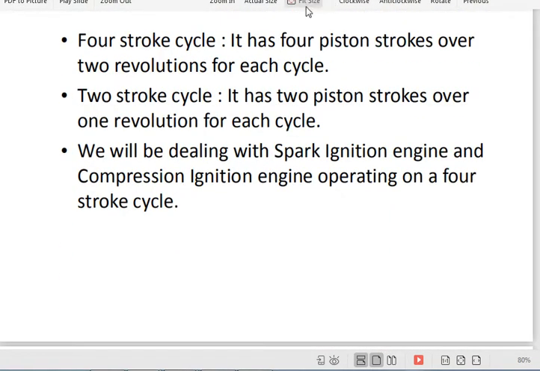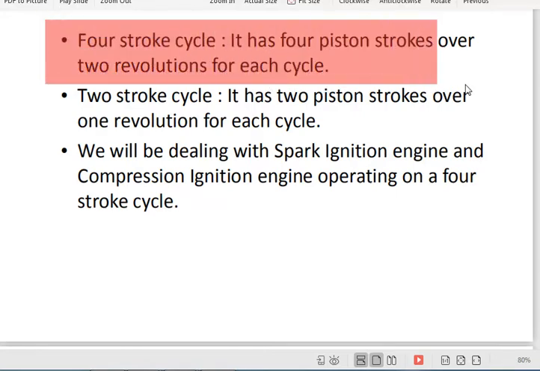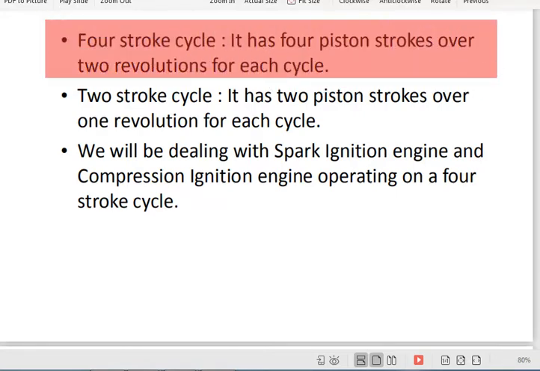Now in a 4-stroke cycle, one power stroke is produced when 2 revolutions of the crankshaft take place. So 4 piston strokes over 2 revolutions for each cycle. So the meaning is what? The crankshaft rotates 2 revolutions and there is the production of 1 power stroke.